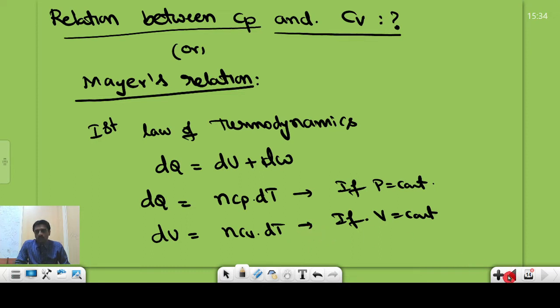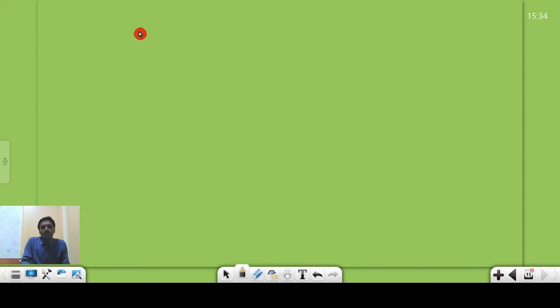Now, one more formula is there for the external work done by the gas, which is PdV.